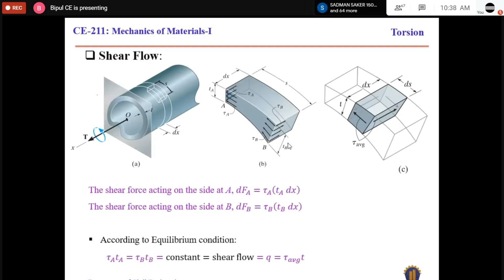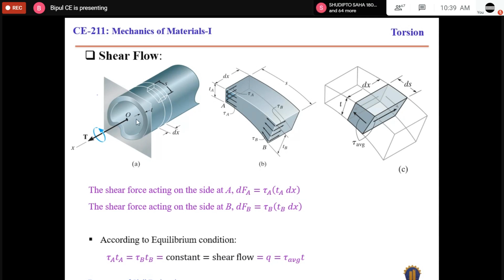Now, another term is shear flow. What is shear flow? I will explain it later. So, if we take an element from this body and draw the free body diagram of this element on a larger scale, this figure B shows the free body diagram of this small element.